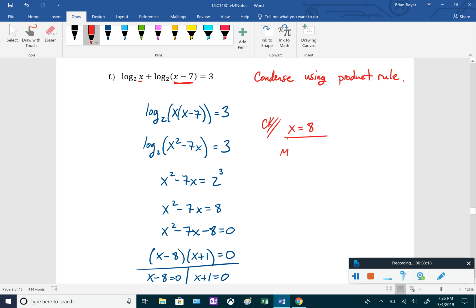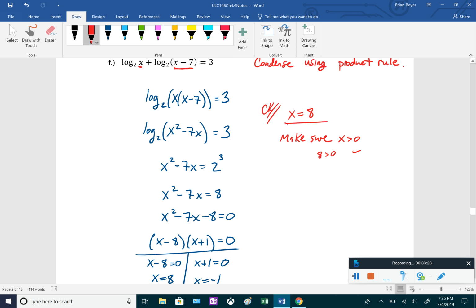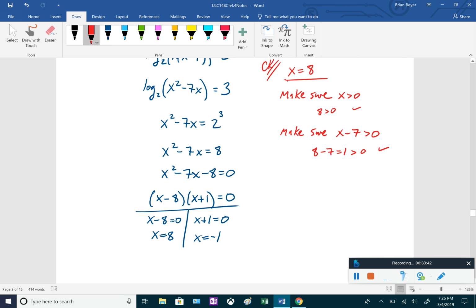So we have to make sure x is positive. That's the first one here. For this one, it's just 8. So obviously 8 is positive, so we're good. And then we also have to make sure the x minus 7 is positive. So x minus 7, that's 8 minus 7, which is 1, which is positive, so we're good for that one. And now let's check the x equals negative 1.